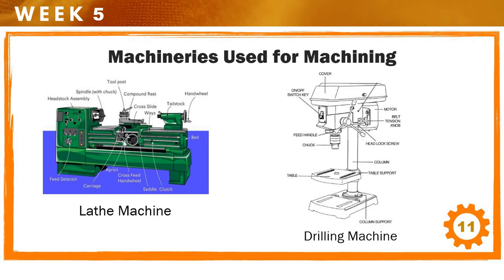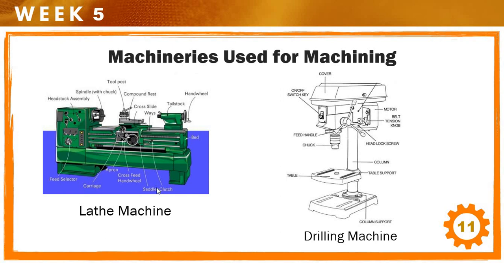The apron contains the adjustment tool that adjusts the distance of the workpiece to the tool. Next is the cross feed hand wheel. That is the wheel that is used by the machinist to move the tool.